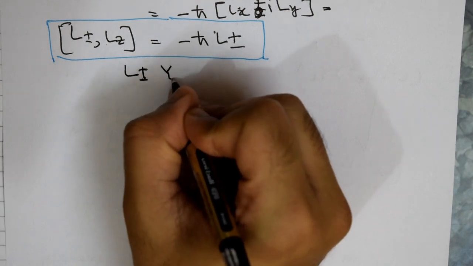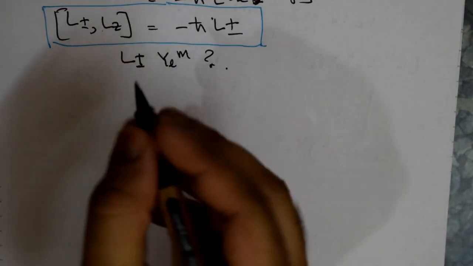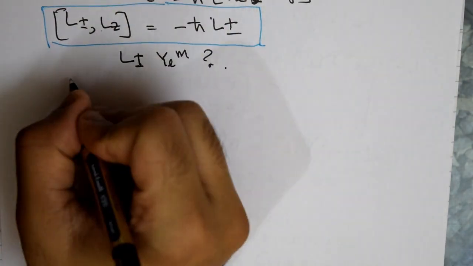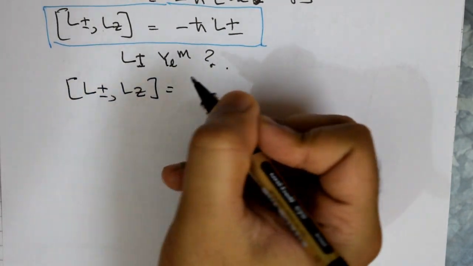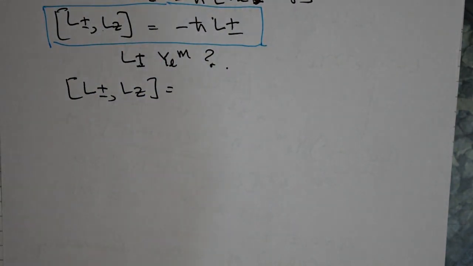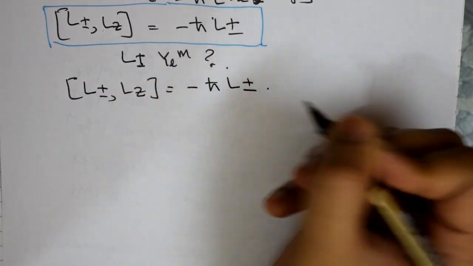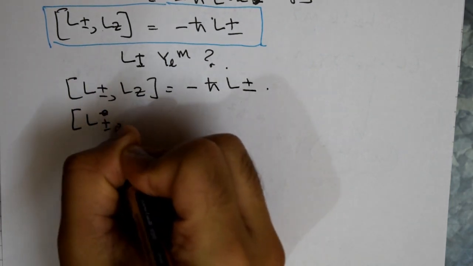So once again, that will be the next question. What does L plus minus do to Y_lm? To answer this question, we will take a slightly different route, where we realize that we just solved that the commutator of L plus minus with Lz is equal to minus ħ L plus minus. Generally when you have a commutator, you need to operate it on a function.